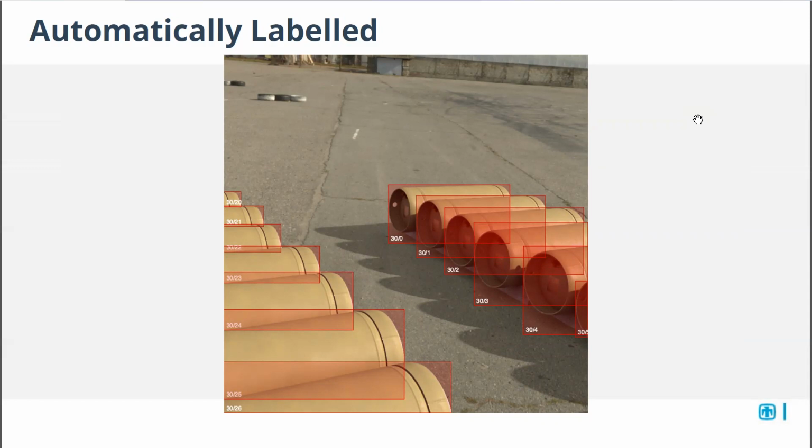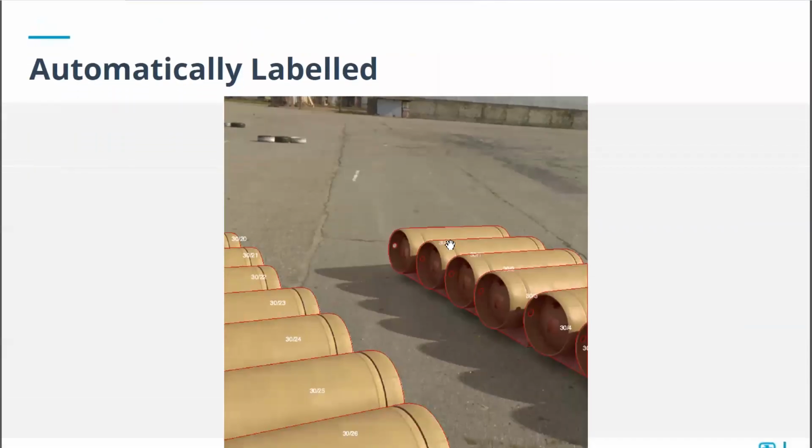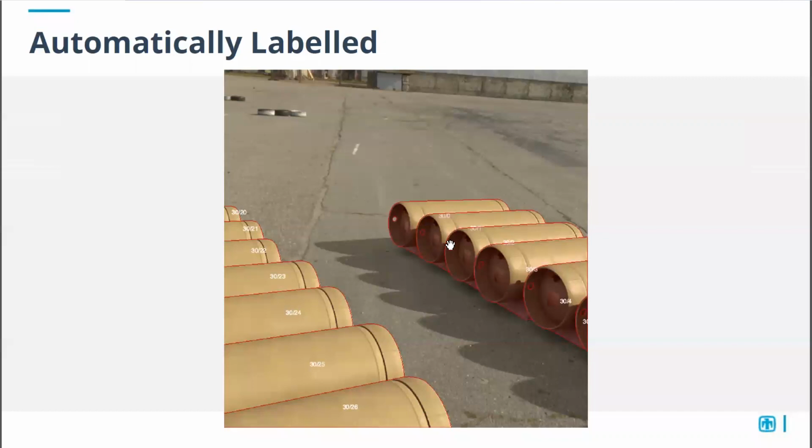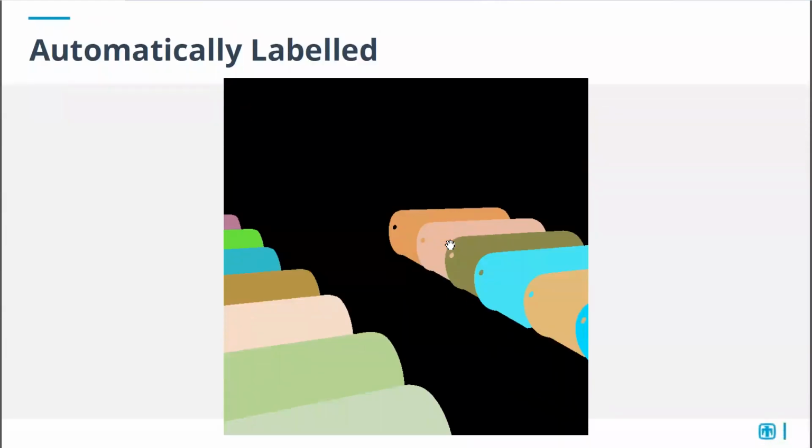So instead of me trying to make this perfect bounding box around my container, the software just puts those bounding boxes on for me, as well as other types of labeling, such as image segmentation, which is shown here, and other types of segmentation masks to support a wide variety of different computer vision applications, including things like distance imaging, like you would see in LiDAR.